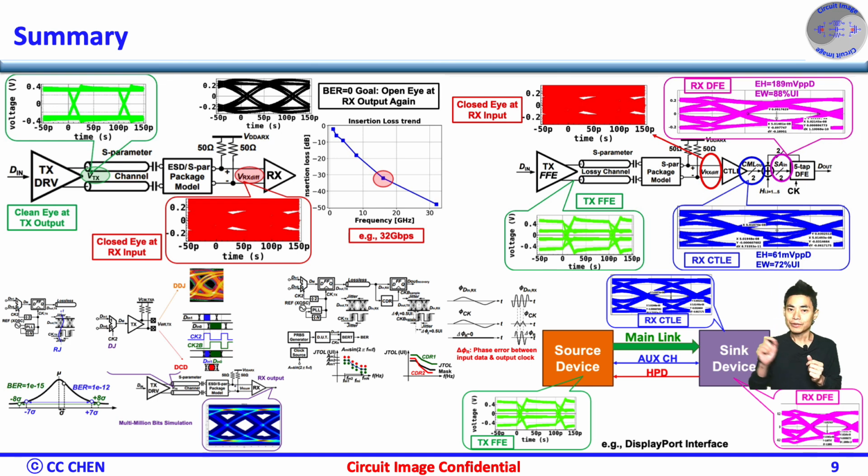Therefore, even though the IBIS can provide an accurate waveform as the SPICE model at the TX output and RX input, that's still not enough. We may want to add TX FFE, RX CTLE, and RX DFE modeling on top of the IBIS model.